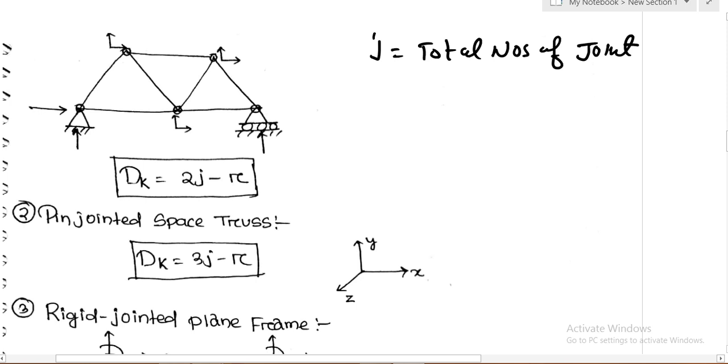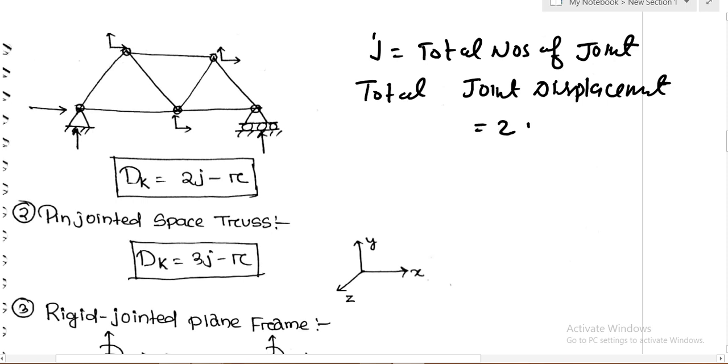So how many total possible independent displacements will be there in this structure? That is 2 times j.